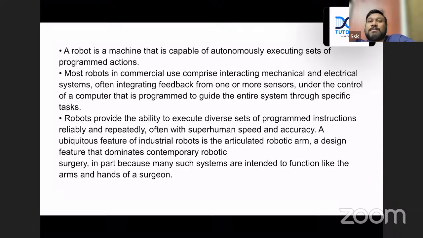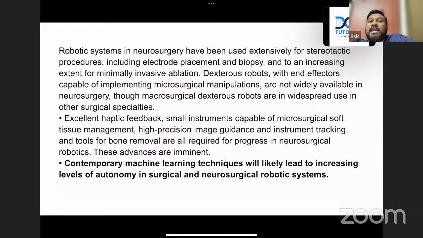One such robotic system is called ROSA, a robotic operative surgical assistant. So that is one thing that has been used in a few advanced centers in India. And contemporary machine learning techniques will likely increase the levels of autonomy in surgical and neurosurgical robotic systems.